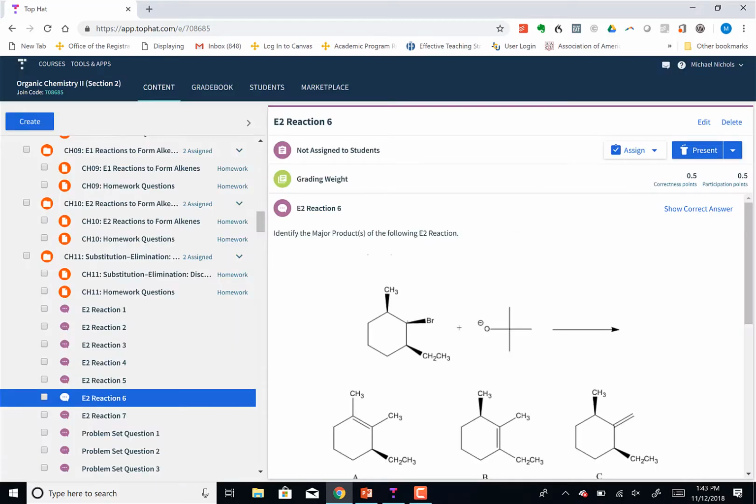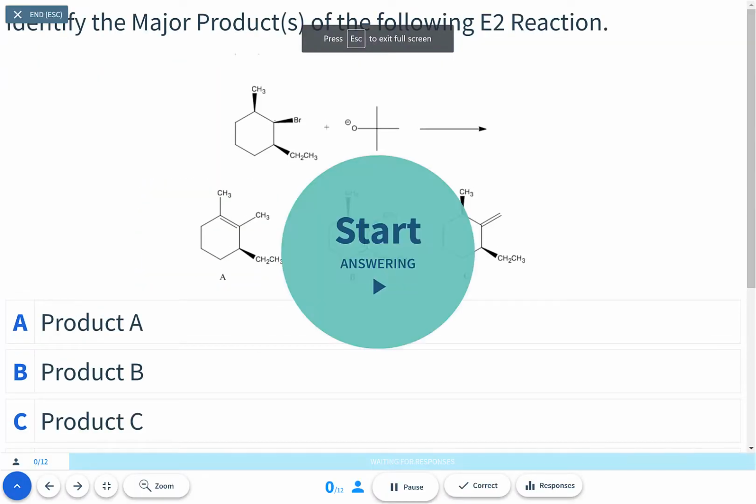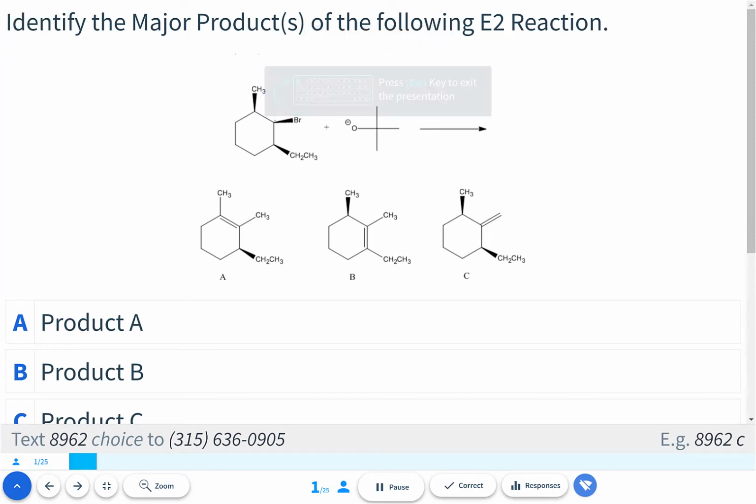Okay, so they all kind of look the same after a while, but you've got to break them down and go through the steps for every one.